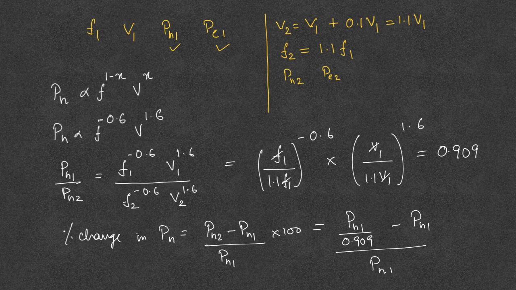Here PH1 will be cancelled, as it is in the numerator as well as the denominator. So finally you will get 0.1 into 100, which is 10%. This means there is a 10% increase in the hysteresis losses.